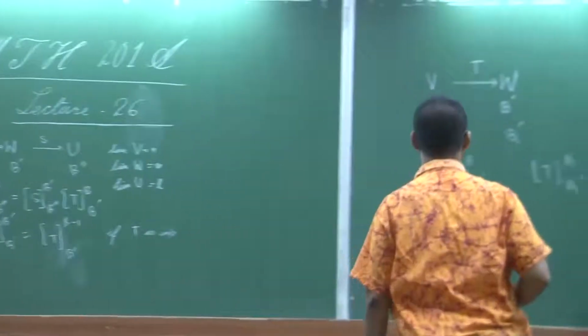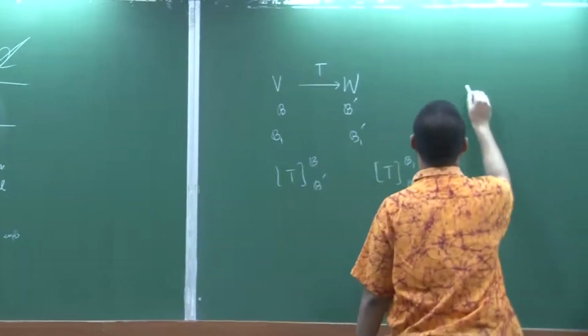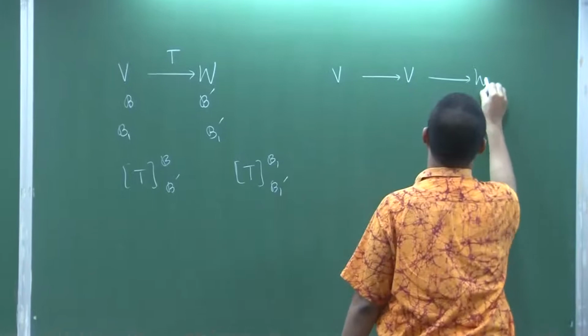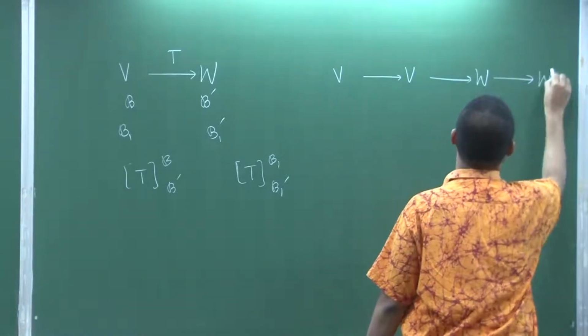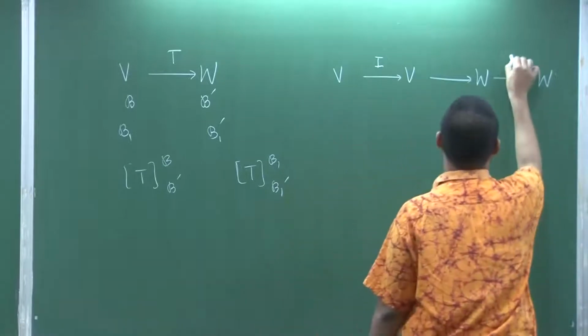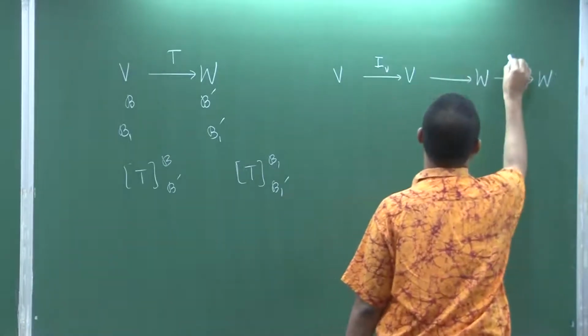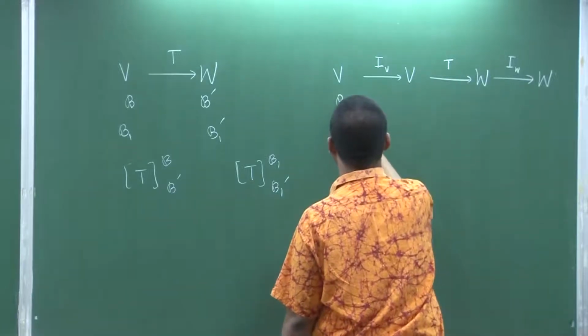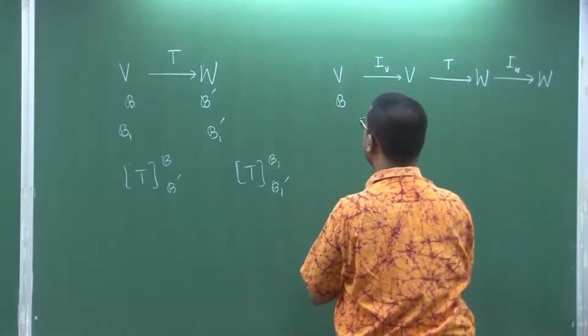So, what we will do is the following: from V to V, V to W, and from W to W. Here we will take the identity map of V, here I will take the identity map on W, and T as usual.